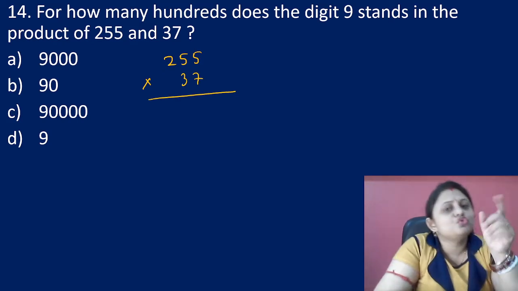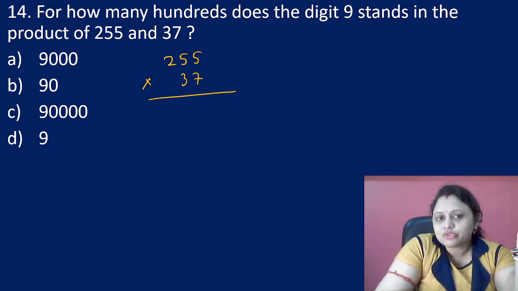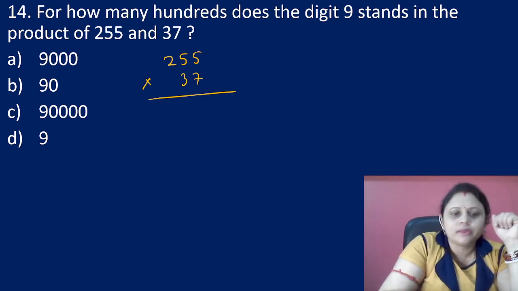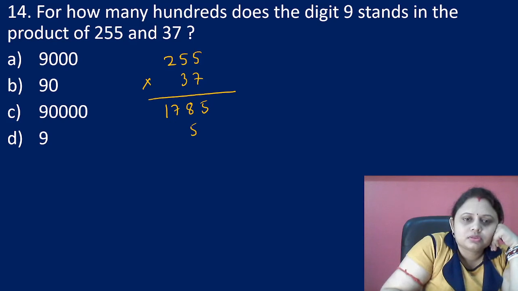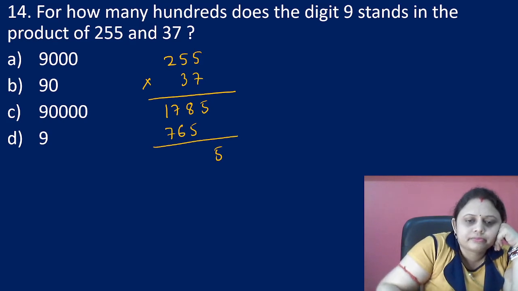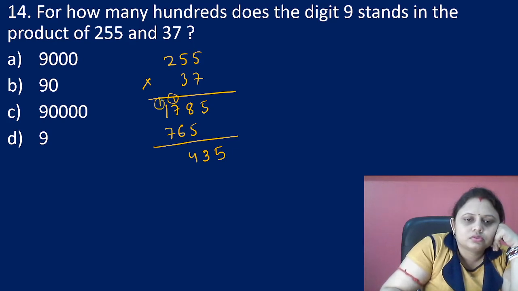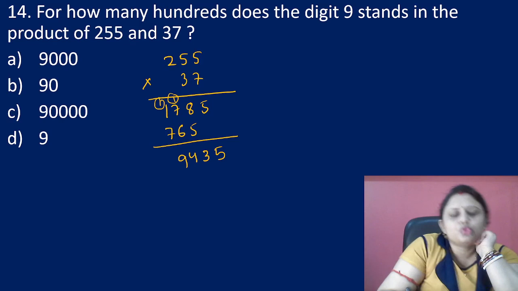So बच्चों, you have to pause the video here and calculate on your own, then match your answer with mine. Okay, let's start. 7 5 5 3 8 17 7 5 3 4, and the answer is 9 4 3 5.